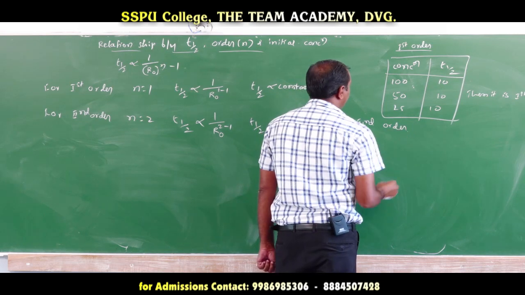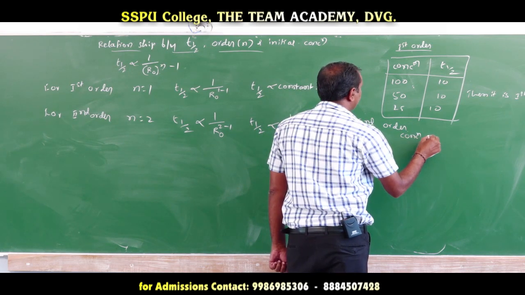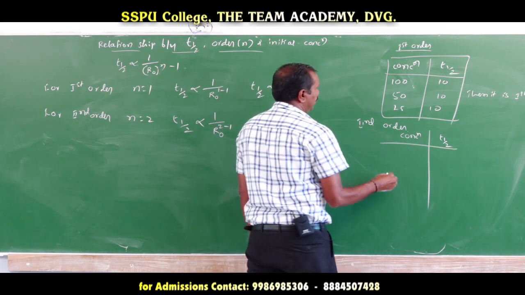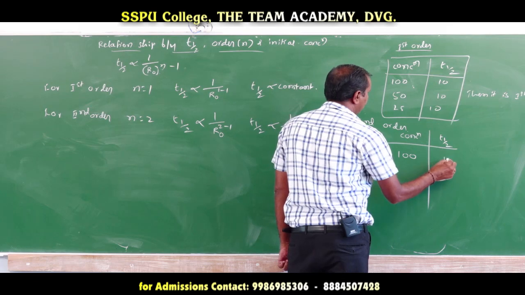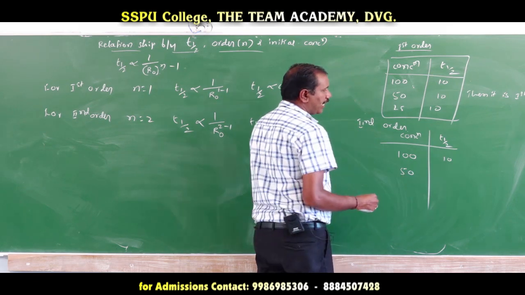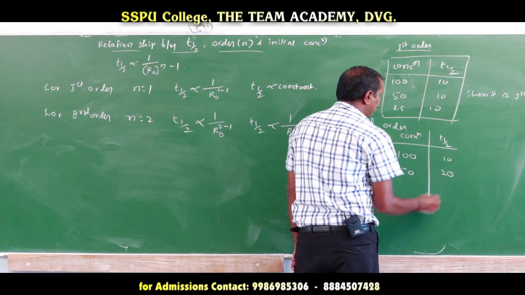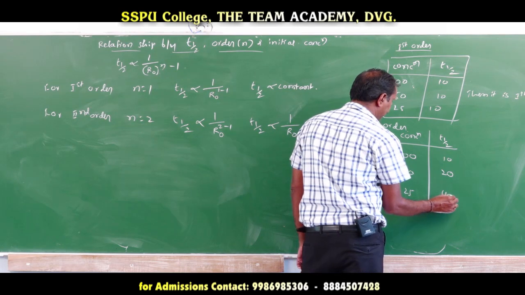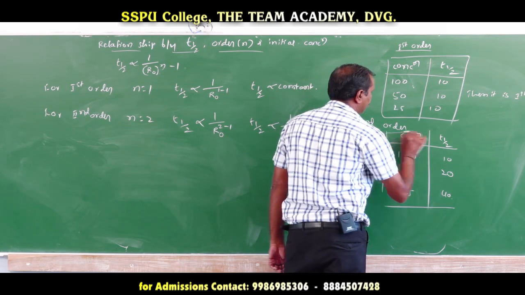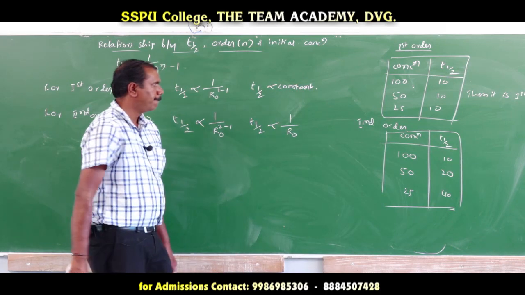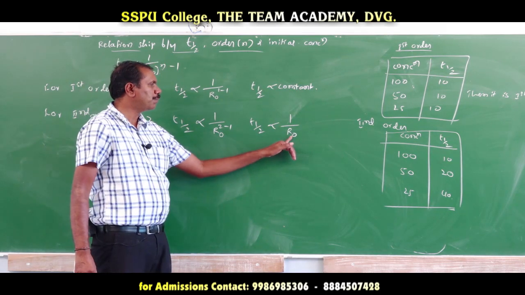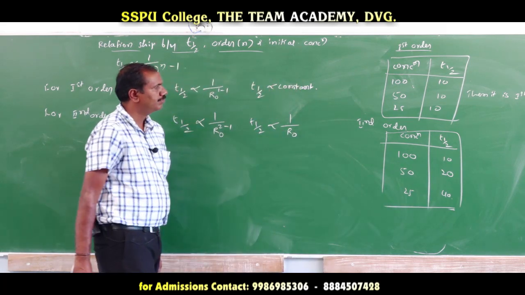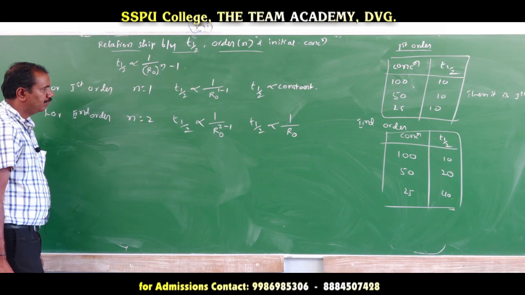By plotting concentration versus T half: if it is 100, T half is 10. If concentration of reactant is 50, then T half is 20. If it is 25, it becomes 40. Why? T half and R naught are inversely proportional. If the concentration of reactant decreases, T half increases.